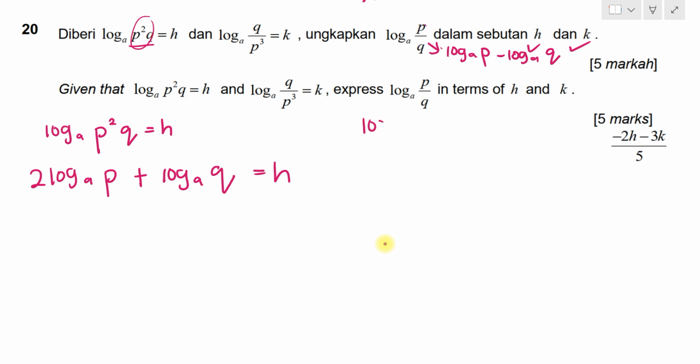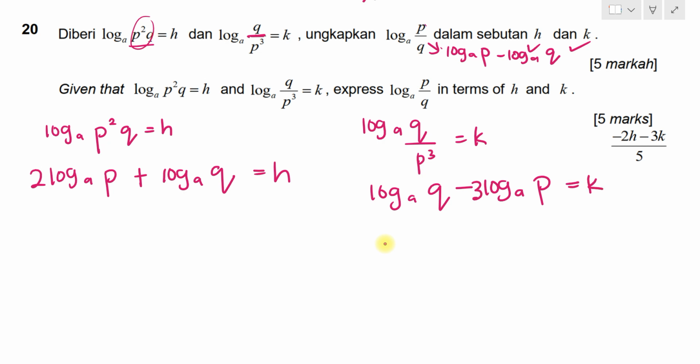And this part, log a Q divide means, okay, I write this one first. So log a Q divide means minus log a P cubed. I put 3 here, equal to K.